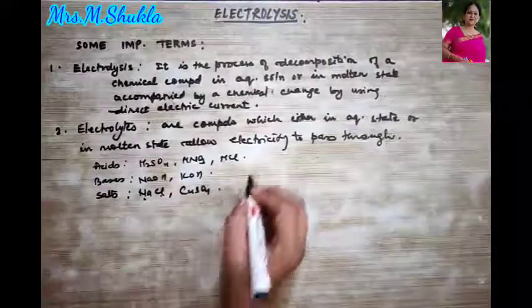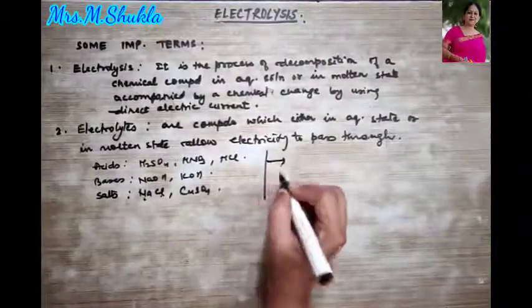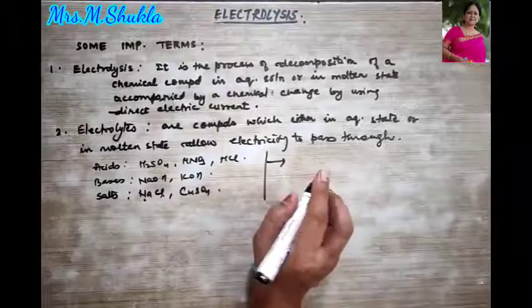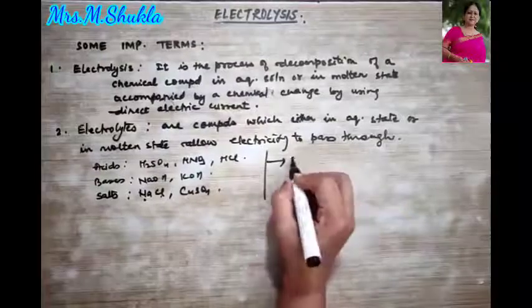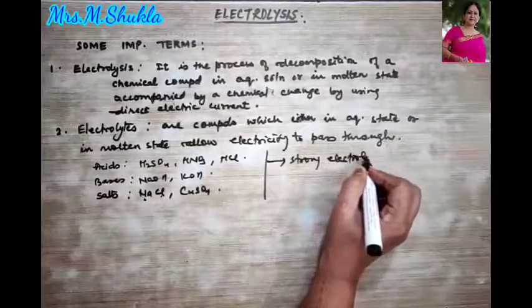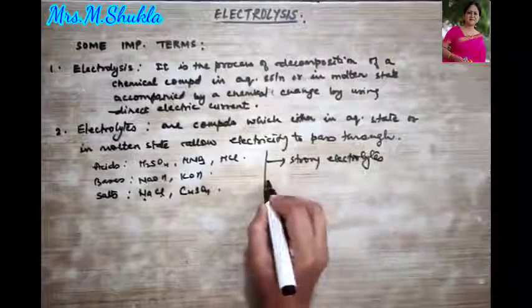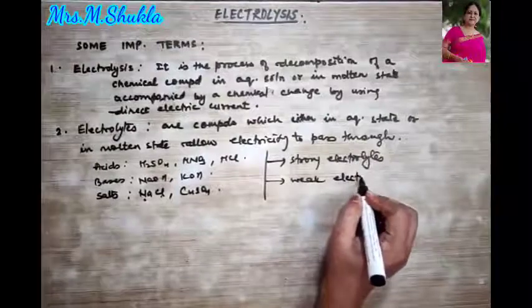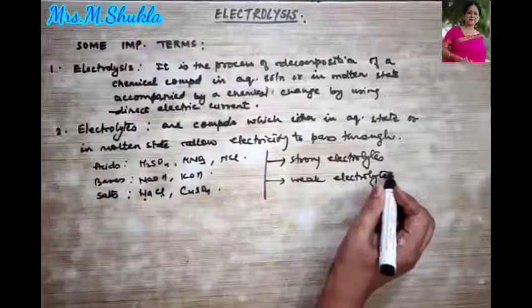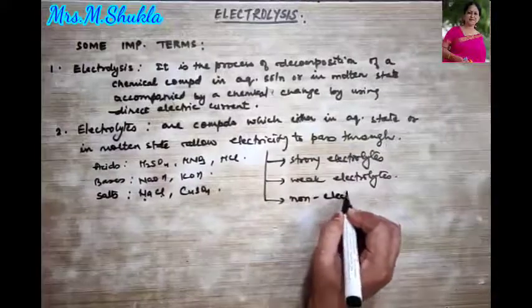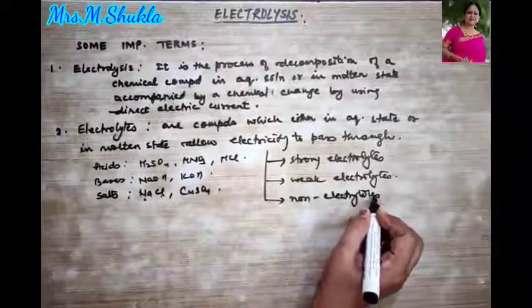Electrolytes, as I have told you, are of two types. What are they? They are strong electrolytes and weak electrolytes. In this category, I would also like to place non-electrolytes. Let me once again explain.